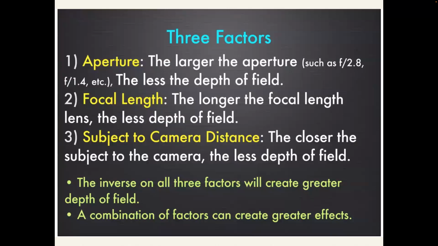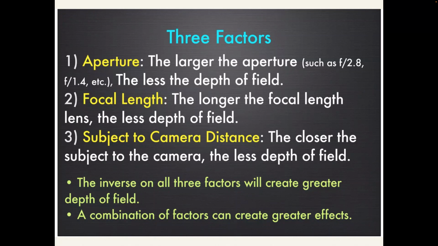Then there are three factors that we have to look into or appreciate. One is aperture, and the effect this has on our picture taking is that the larger the aperture, or the bigger the hole in the aperture, the less depth of field we get. And then the focal length, or the distance from where your lens is to the sensor, also has an effect.